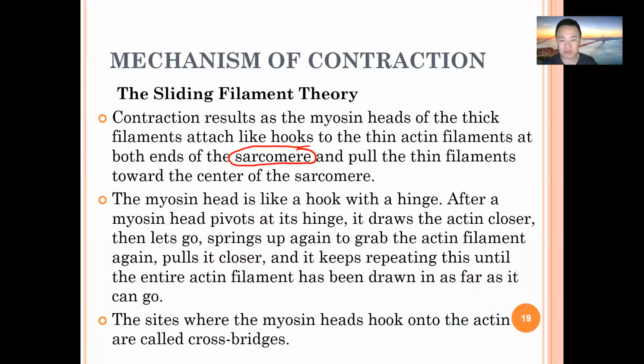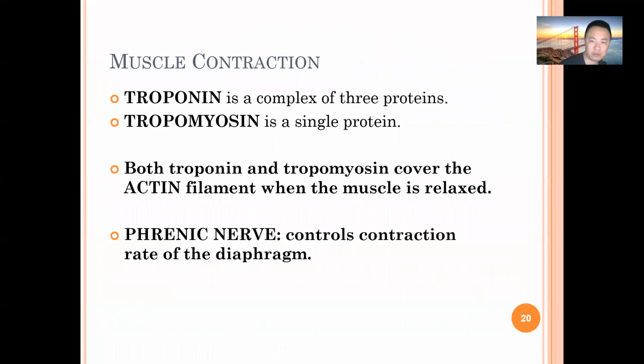After a myosin head pivots at its hinge, it draws actin closer, then lets go. It springs up again to grab the actin filament again, pulls it closer, and it keeps repeating this until the entire actin filament has been drawn in as far as it can go. The sites where the myosin heads hook onto the actin are called cross bridges. Okay. And of course, the proteins involved, we have in actin.